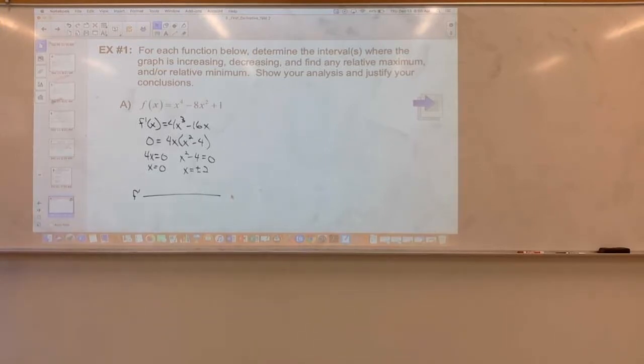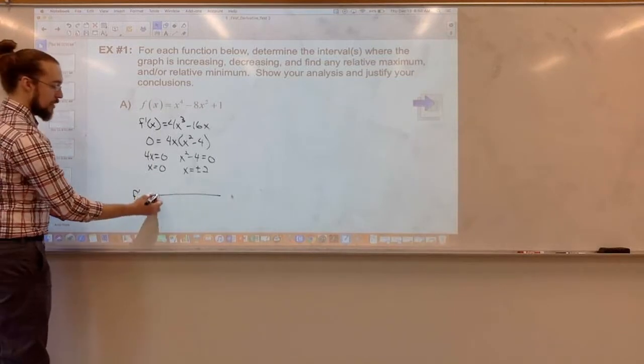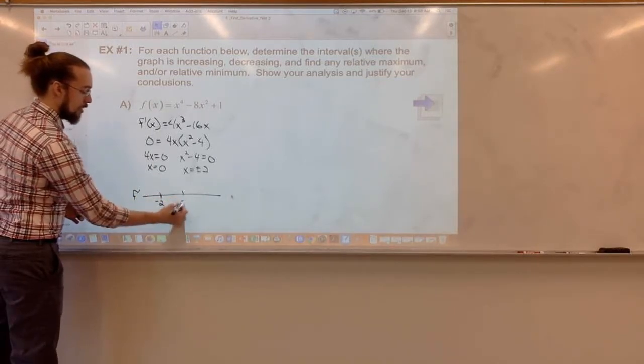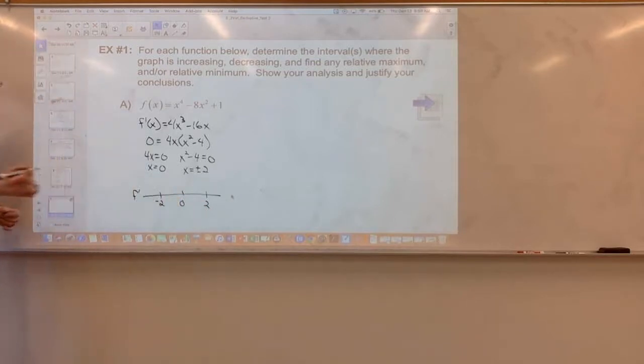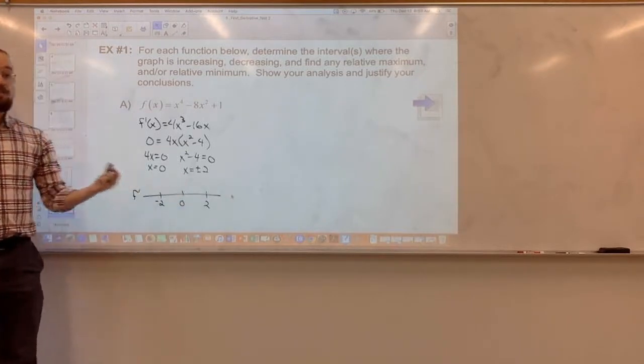So make sure that you label your sign chart here as f prime, and just put these three values on there. So -2, 0, and 2.